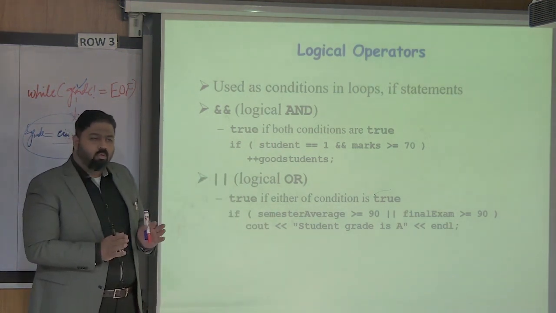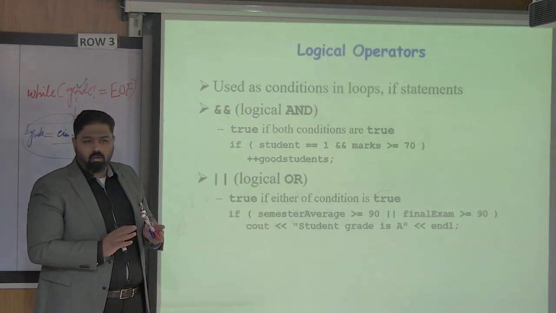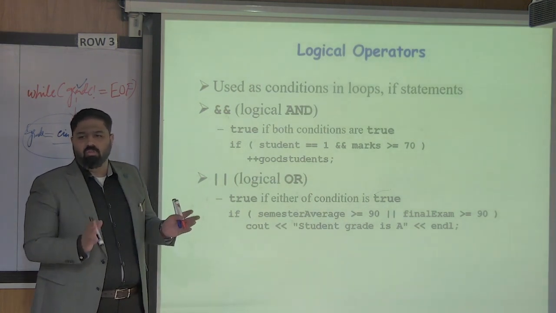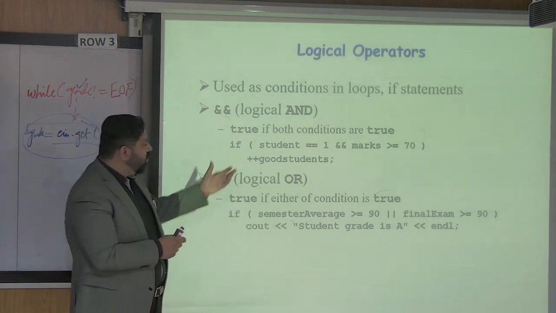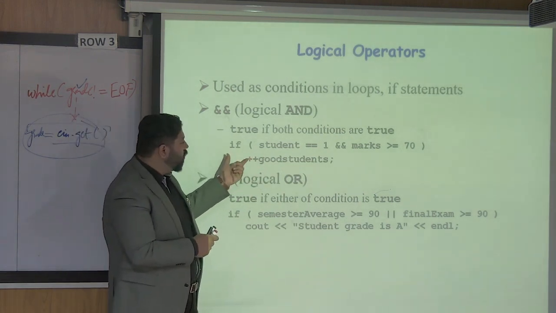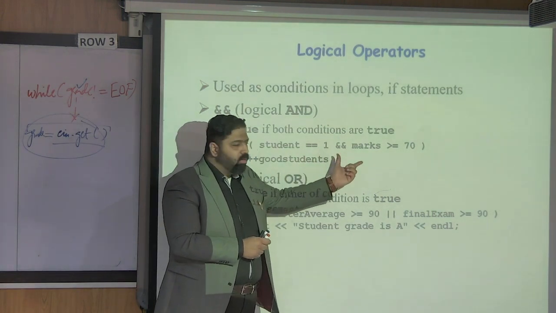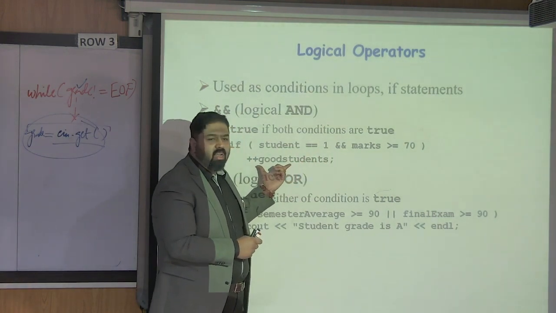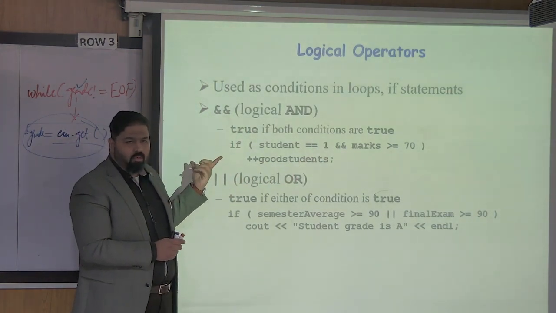If both are true, only then overall it is true. And what about or? Anyone. If any of the condition is true, the overall result is true. So we can implement that thing over here. If student is exactly equal to 1 and marks greater than equal to 70, increment in boost. It could be one of the conditions.